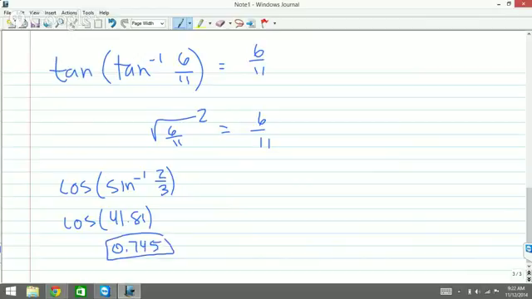Okay. So second way. You can do this without decimals and fractions and calculators.